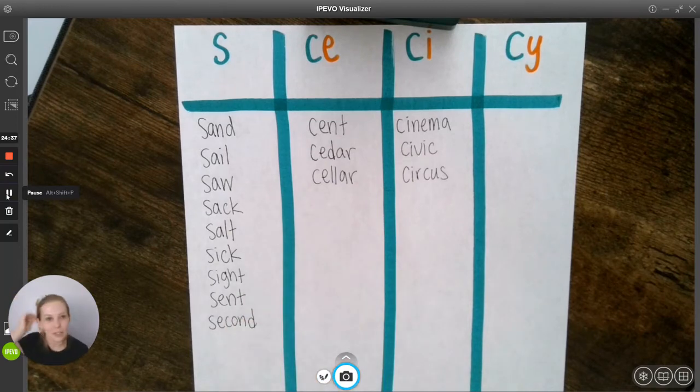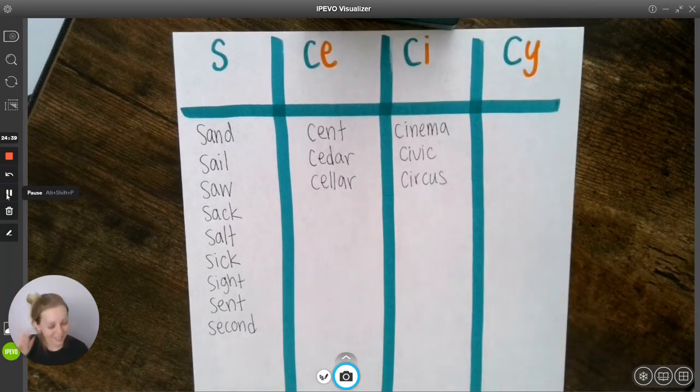All right, I'm going to do another group of words. Listen to what sound comes afterwards. Okay, we have symbol, symbols, system, and cylinder. What sound is at the beginning? S. And what sound follows the S sound?